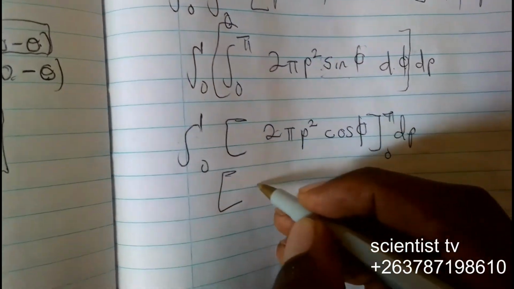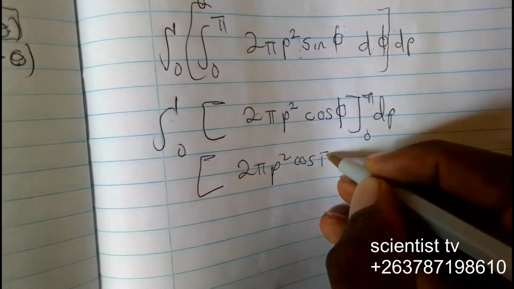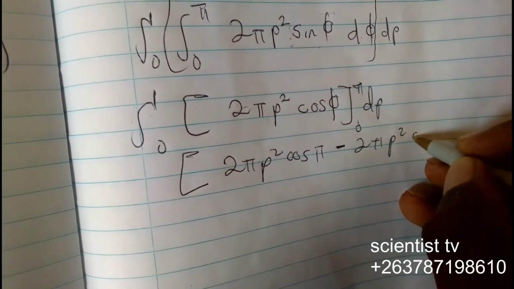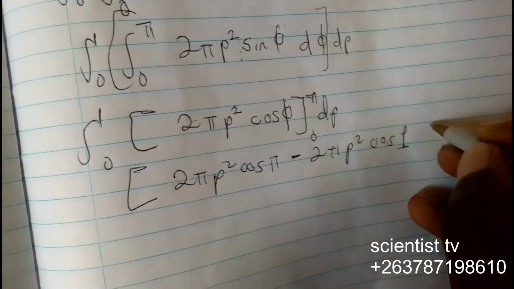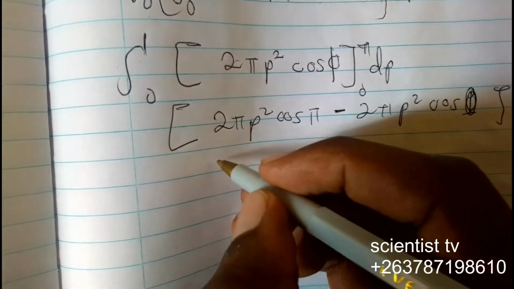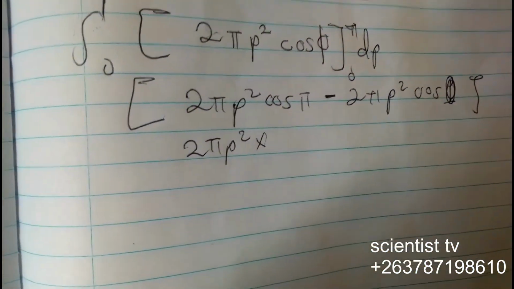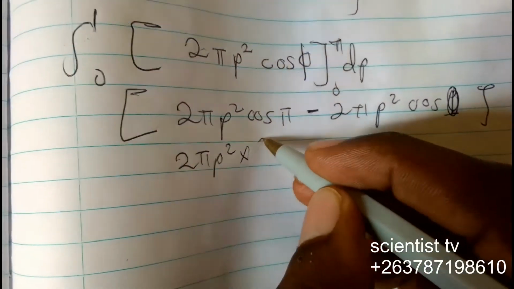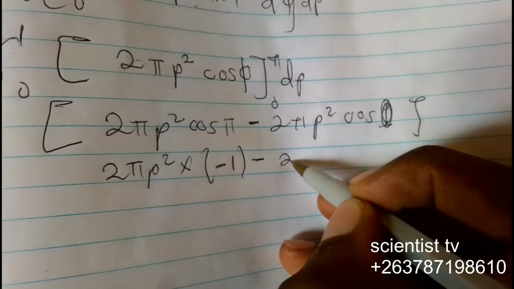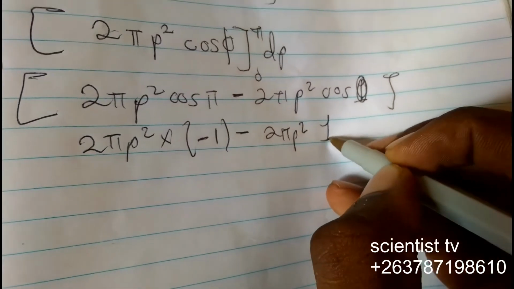So this becomes 2 pi rho squared cos pi minus 2 pi rho squared cos 0. What is the cos of pi? It's -1, minus 2 pi rho squared times cos of 0, which is 1.